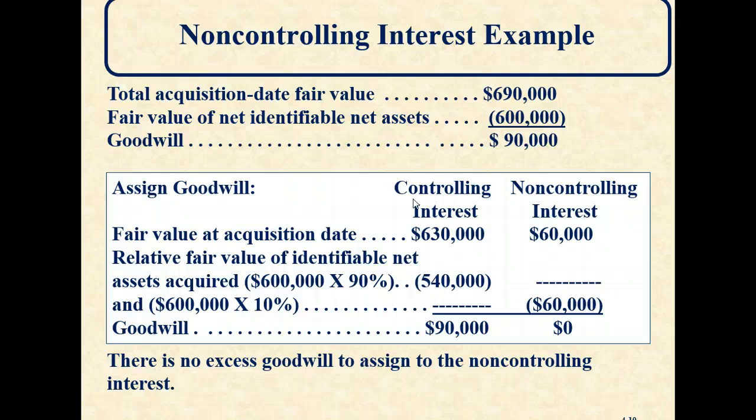We're going to show the fair value of the assets we purchased as of the date of the acquisition, 90% of the $600,000, or $540,000. We're going to allocate that difference to goodwill. If you look at the non-controlling portion, the fair value is still what the stock is going for, $60 a share, and the fair value is going to be $60,000. So they don't have any goodwill on their side of the equation here. The controlling interest has the goodwill attached to it.